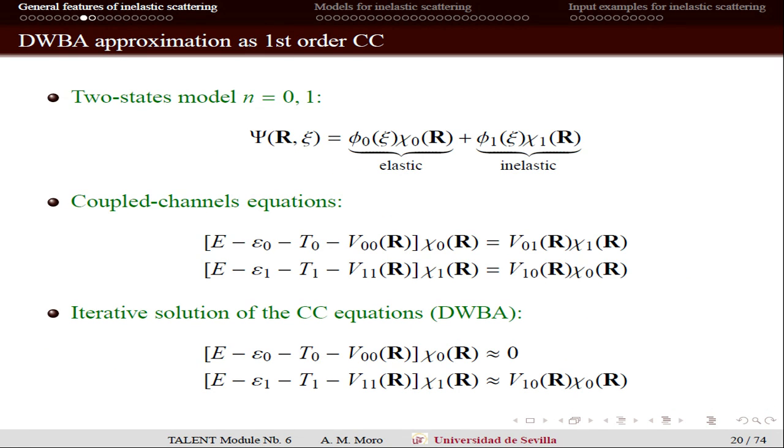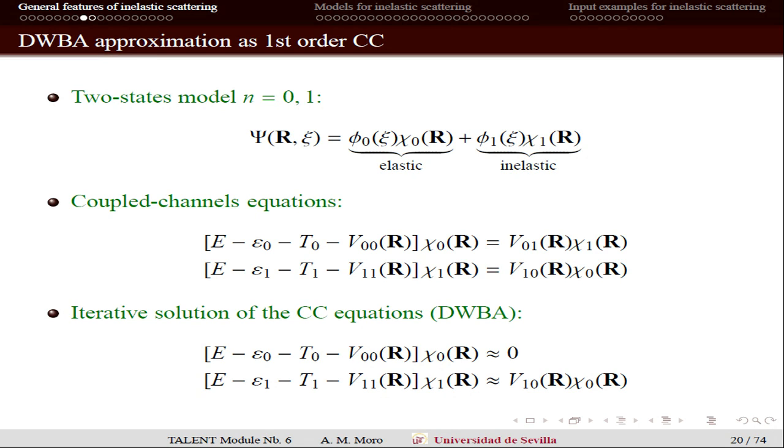Going from yesterday, you also saw the DWBA approximation. A way of going from this coupled channels method to the DWBA approximation is by making a perturbative solution of the coupled equations. So imagine a simple case with only two states that I will label as 0, the ground state, and 1.